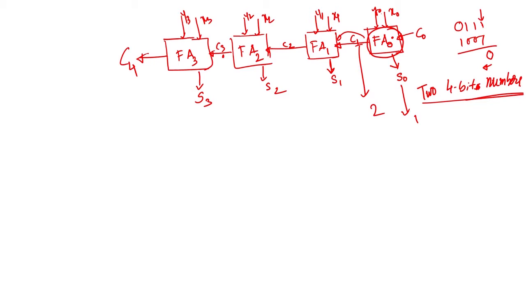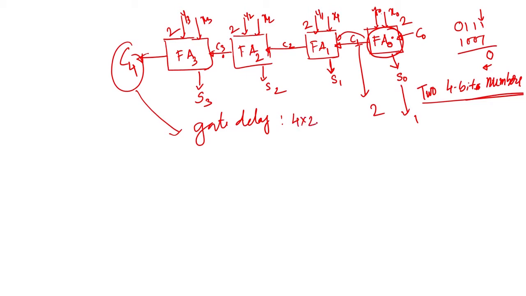So, the total number of gate delays will be: this is 2, this will also be 2, this will also be 2, this one also will be 2. So, the total gate delay for this adder circuit will be 8 to get the C 4. We can write the gate delay as 4 into 2, because we have 4 blocks.